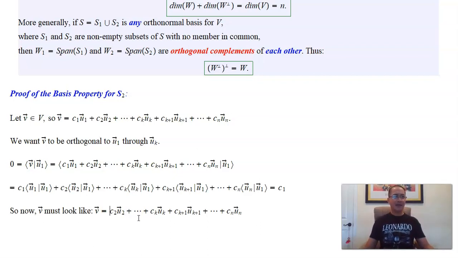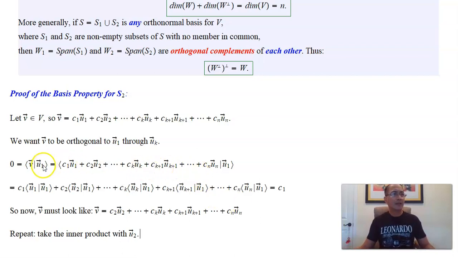So now what are we going to do? I give you one guess. Repeat for U2. Take the inner product with U2. So what's going to happen? There's no U1, so that term is gone.